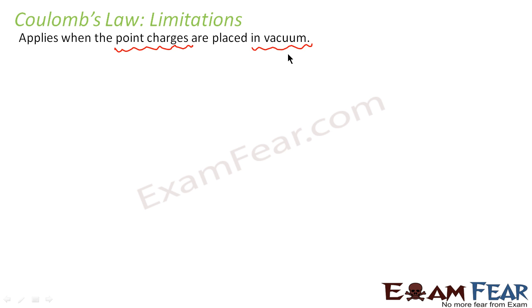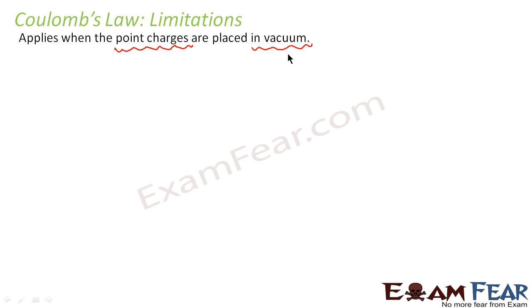If the medium is vacuum, that means there is nothing in the medium, no matter, no charges. But whenever the medium is not vacuum, the medium has something, and that something is matter, which again has electrons and protons, so they will have charges. So there will be charges present in the medium as well.